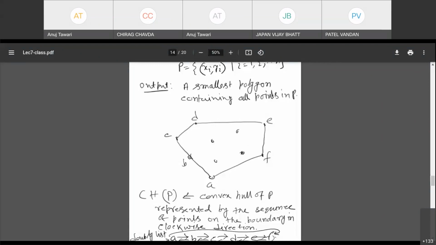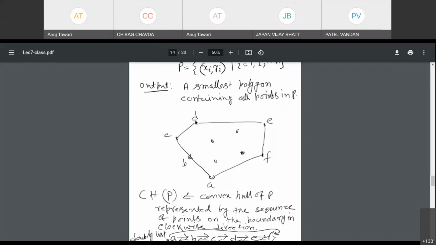So the main idea you have to use: you are given a line segment and you want to check whether a point is on the left side or the right side of that polygon. So how are you going to check this? Even before that, what is the main difference common to all points which are inside the polygon and which are outside?